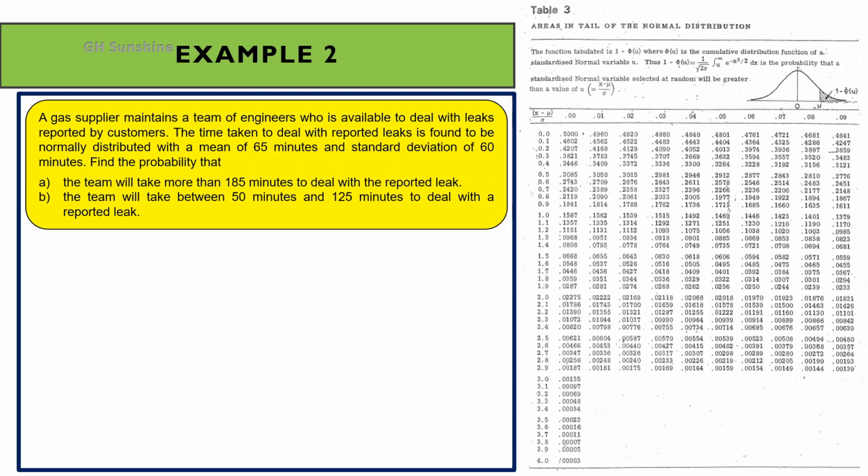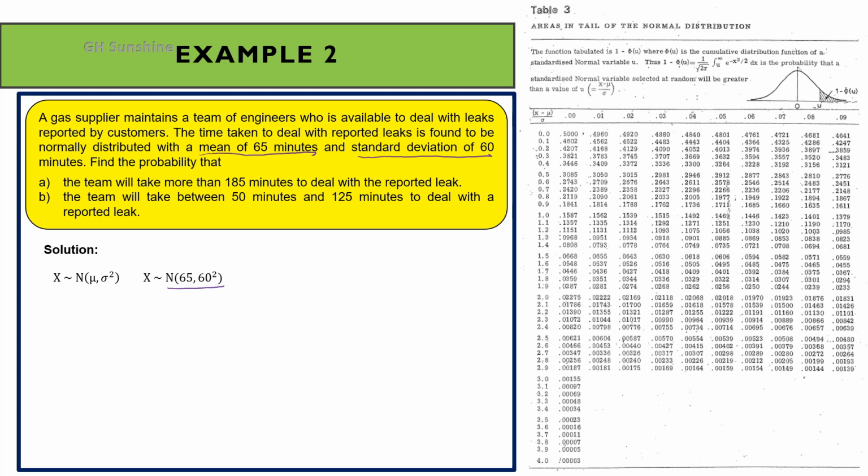So X follows a normal distribution with mean equal to 65 minutes, and the variance, based on the standard deviation of 60, is 60 squared.